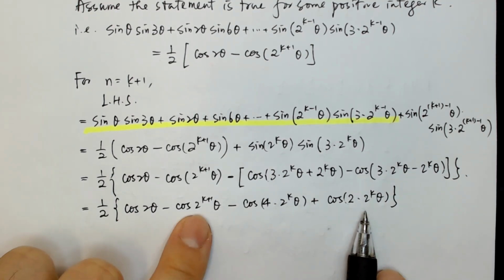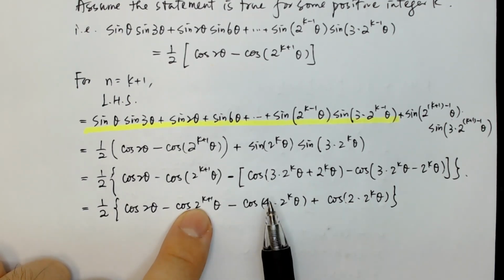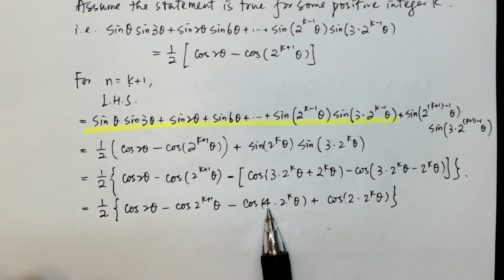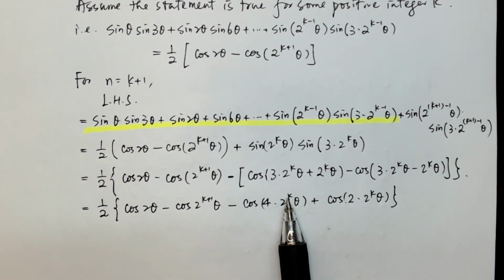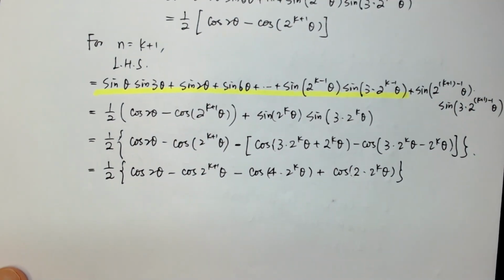And you know that 2 times 2 to the power of k is just 2 to the power of k plus 1, so these two can be cancelled out. And also, we can write this 4 as 2 squared, and the 2 can be absorbed here and make it as 2 to the power of k plus 2.